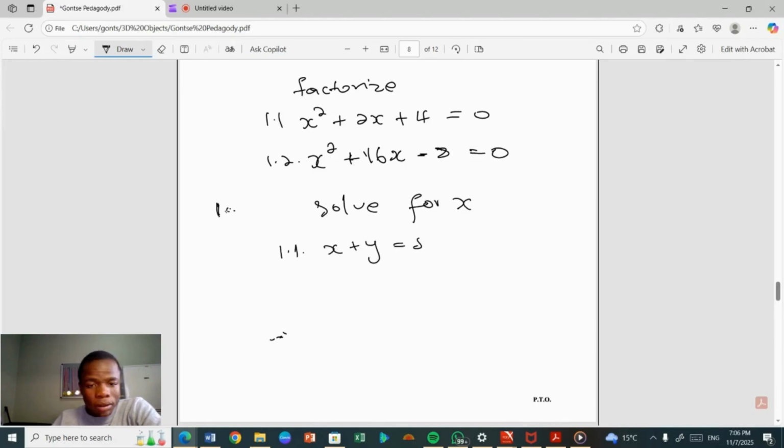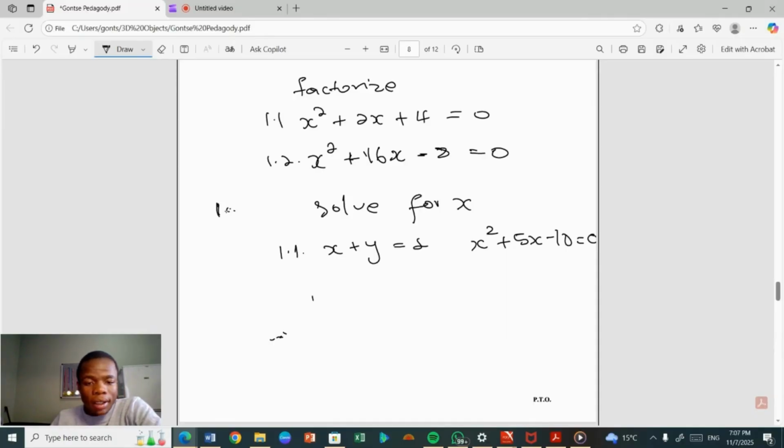1.1: x plus y is equal to 2, and then x squared plus 5x minus 10 is equal to 0. Just have to go and do them.